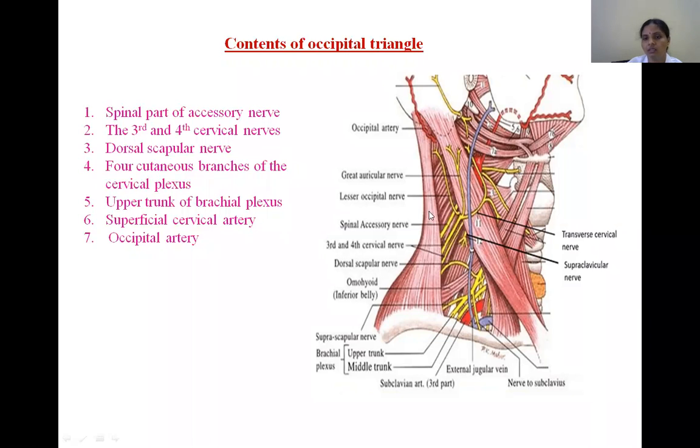In evolution, the sternocleidomastoid and trapezius both formed a single sheet of muscle. Later on, the muscle split into two parts, anteriorly sternocleidomastoid, posteriorly trapezius. Always in anatomy, the function modifies the structure.